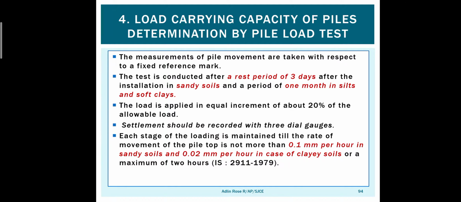How should we note the settlement? We should note the settlement per hour. The settlement should not be more than 0.1 mm in an hour for sandy soils, and for clay soils it should not be more than 0.02 mm per hour.